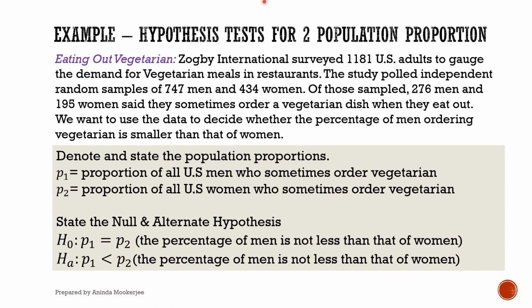So I'm going to correct that in the slide, but for now cancel the "not". It doesn't make sense otherwise. It should read, the percentage of men is less than that of women. That's what the alternate hypothesis is trying to assert.